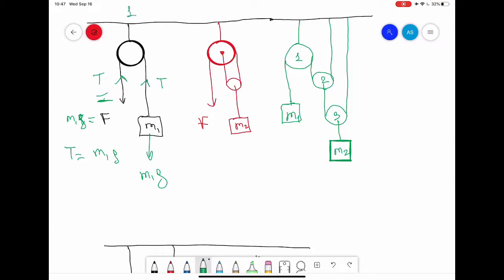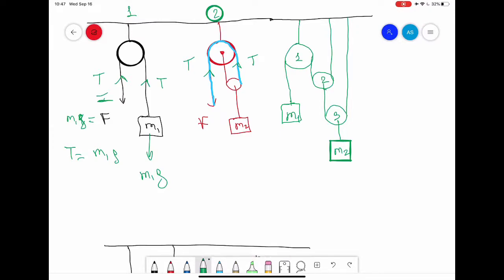The second thing, let's look at the second case. This was the first case, this is the second case. Now in the second case, first of all we have the rope which is connected to the pulley, this one. So we can say that this is our tension, and that tension will be the same as this tension, okay? Now what about this tension?